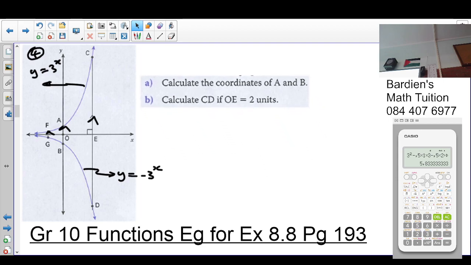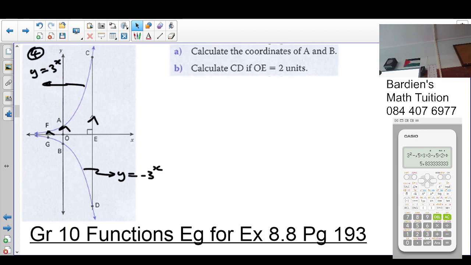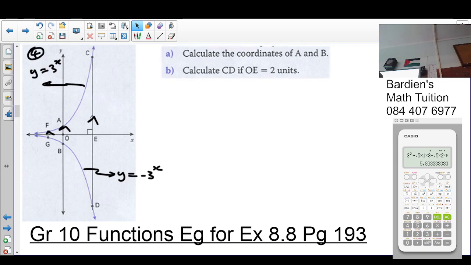Let's look at the first question. It says calculate the coordinates of A and B. People, what is A and what is B? A is the y-intercept of the exponential function y equals 3 to the x.